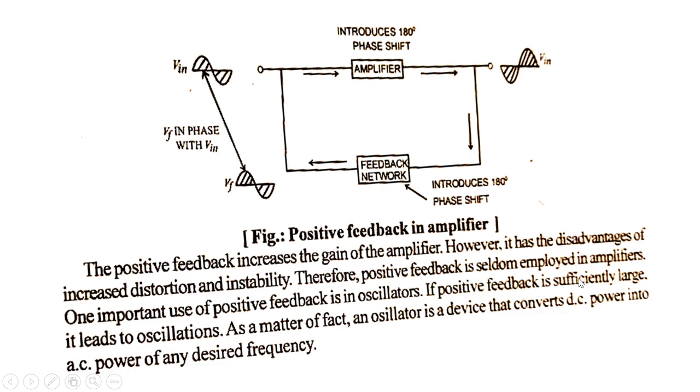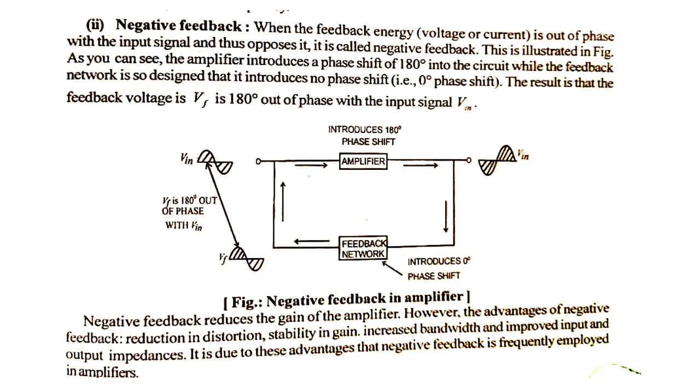If positive feedback is sufficiently large, it leads to oscillation. As a matter of fact, an oscillator is a device that converts DC power into AC power of any desired frequency.